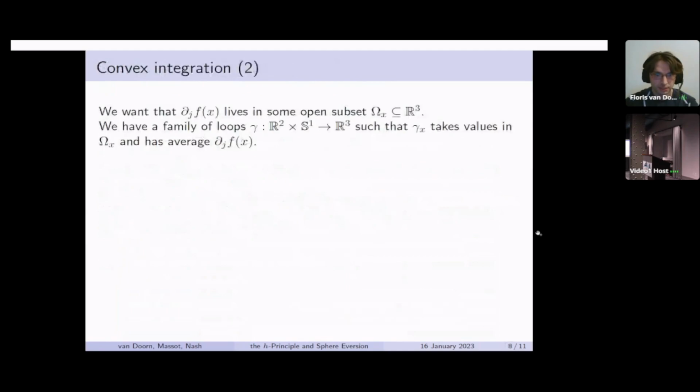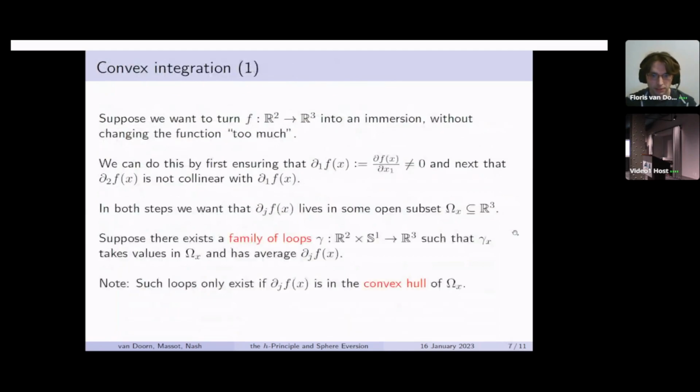Yeah, that only happened. So, for example, one step in the proof is, under certain conditions, to construct these families of loops gamma, and that is a very geometric argument where you start with some geometric condition, that maybe some map lies in the convex hull of some set, and then you have to smoothly, depending on a parameter, find these families of loops with all kinds of coherence conditions.